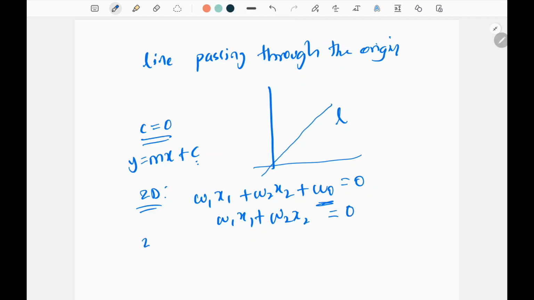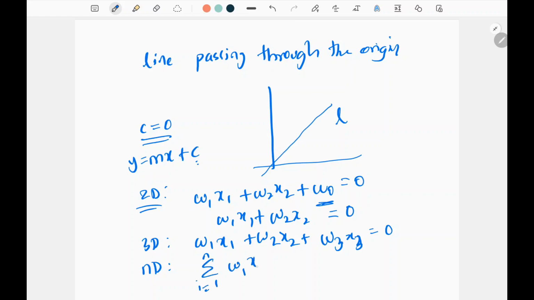So by extending to 3D, we will have w1 x1 plus w2 x2 plus w3 x3 equal to 0. For ND space, w0 is 0, so you will have summation i equal to 1 to n of wi xi equal to 0.